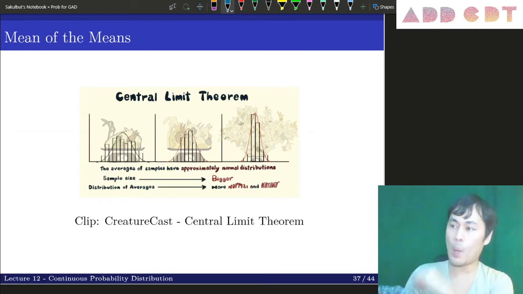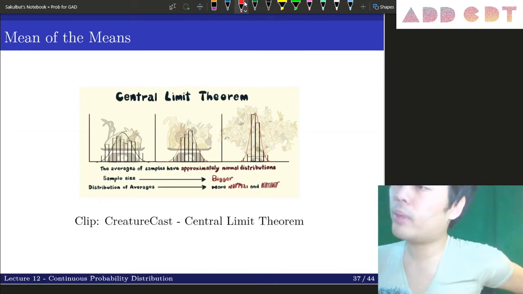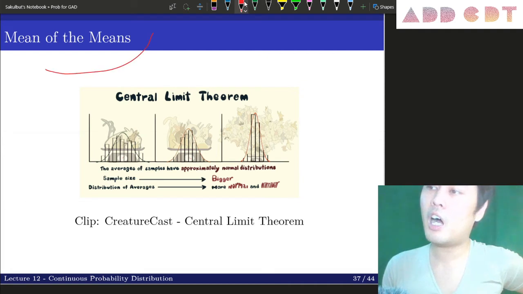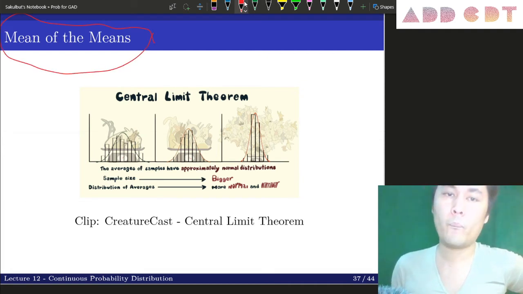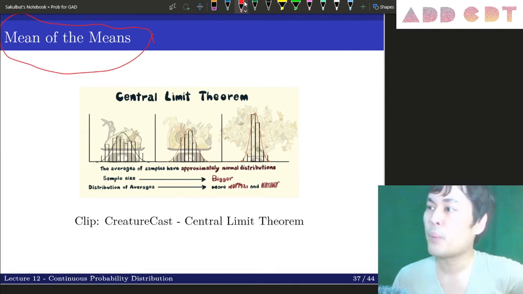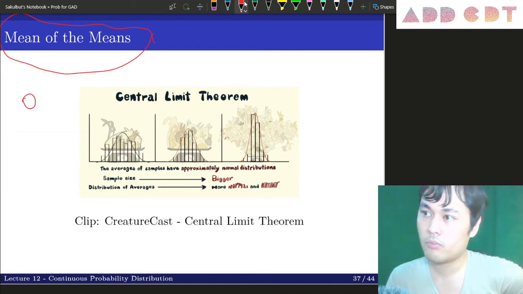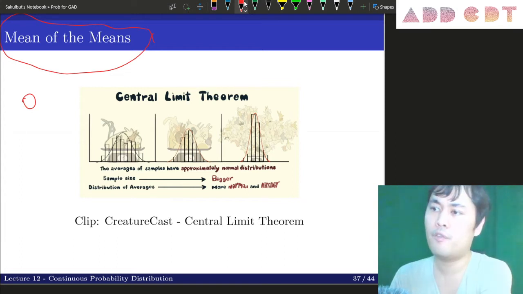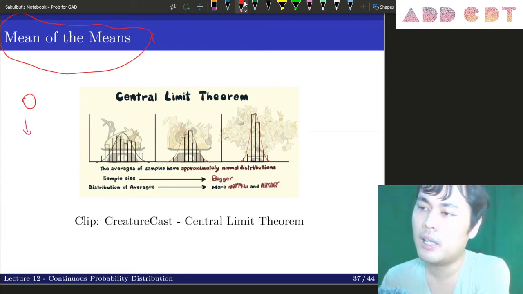Okay, so the keyword here is the mean of the means. What is the mean of the means? If you have a coin, and you flip it and you count how many heads there are.